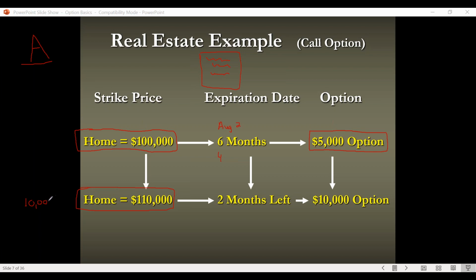Although, guess what? That's not what I made, because I had to buy that option for $5,000, right? So I profited $5,000.